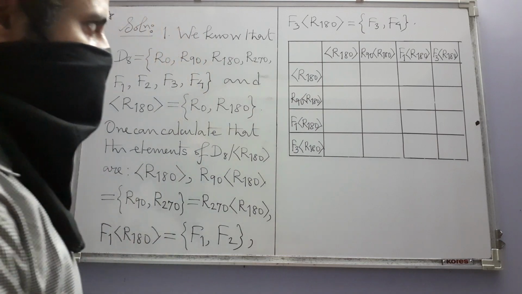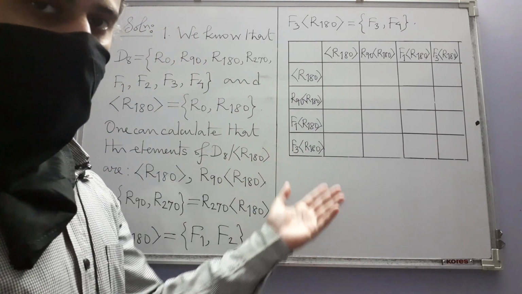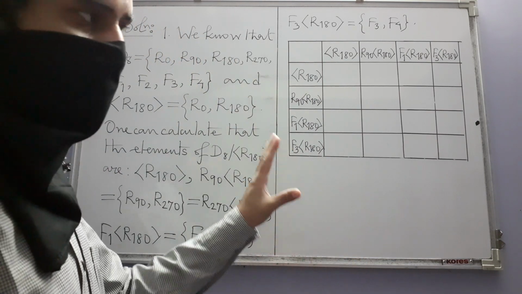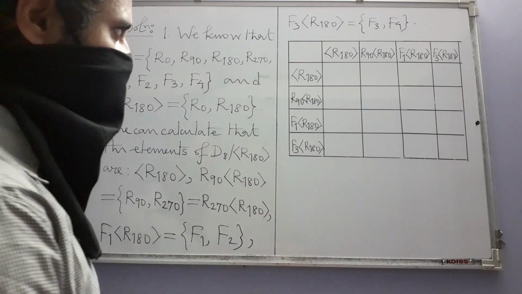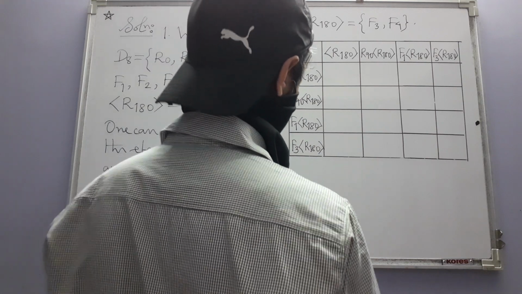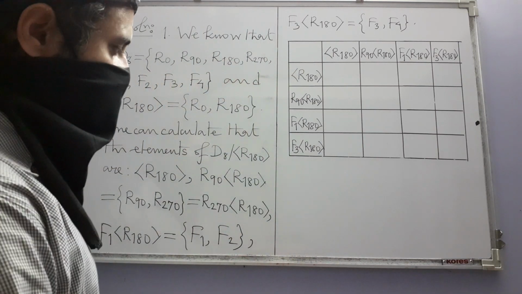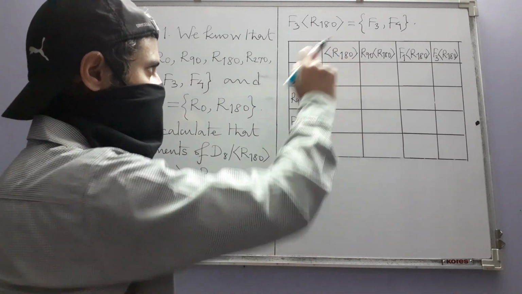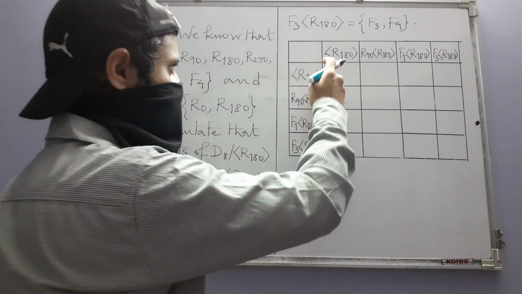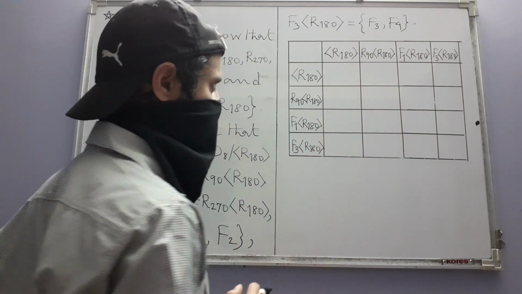If you want, you can give these elements some other name so that the table looks neater than this. But here you can directly see what the things are. Okay, so we already know that these things are going to form a group, and in that group, this element is the identity. So we know what the first row and the first column will be.